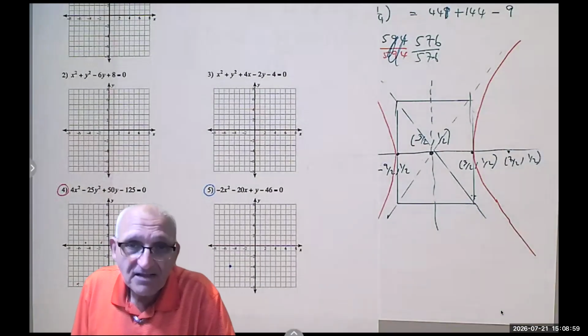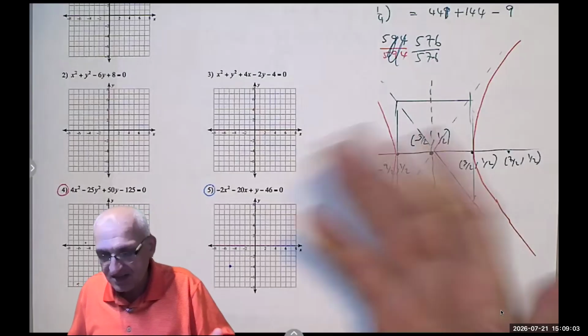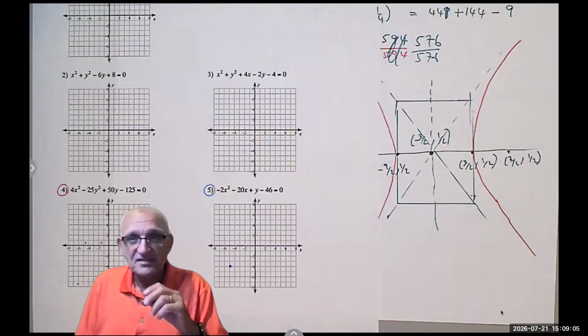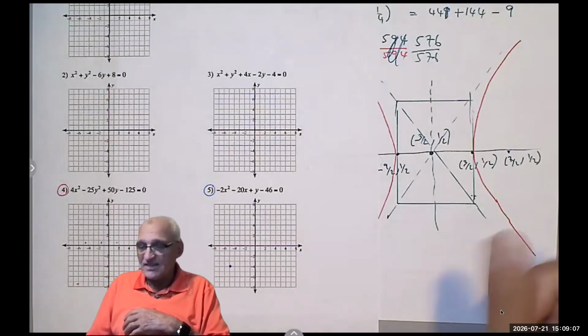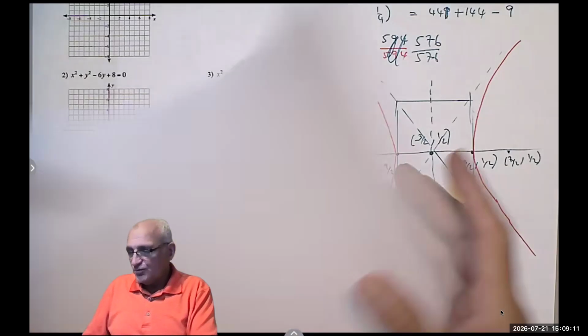But again, I hope you got the idea that it's really pretty straightforward. You have to identify some values A, B, C, and sometimes P if it's a parabola to find where the vertex as well as the focus is. And then I think the rest is history.